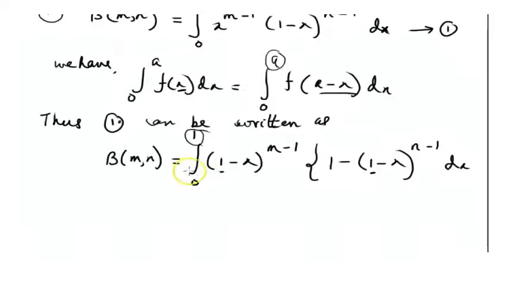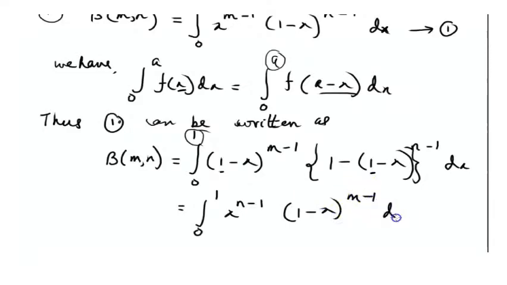So this is equal to the integral from 0 to 1, this has to be like this, sorry. So what this becomes, this 1 is gone, so it is x to the power n minus 1 into 1 minus x to the power m minus 1 dx.